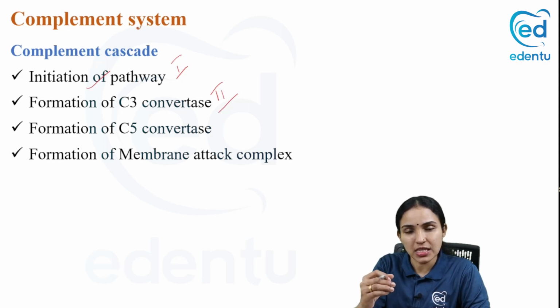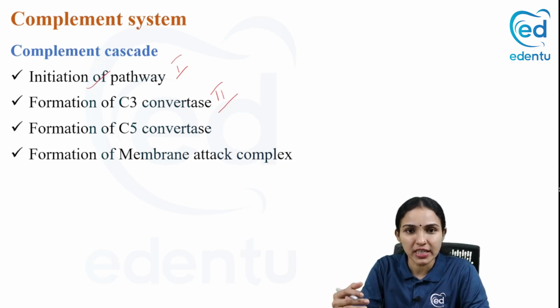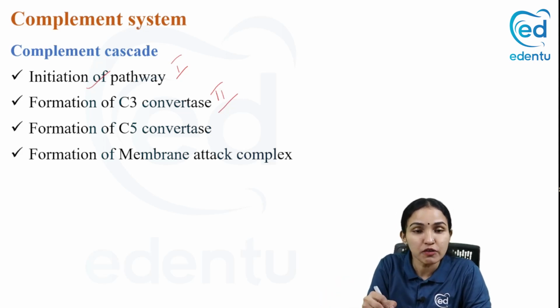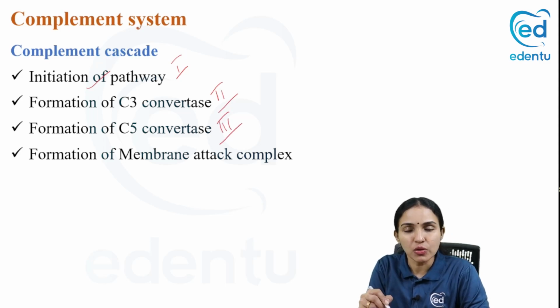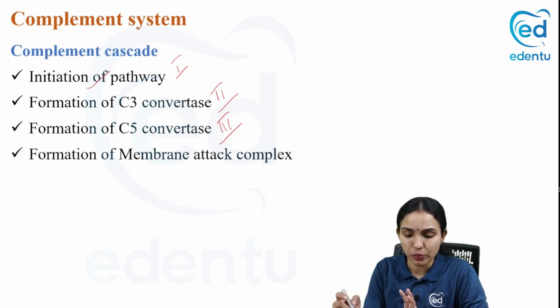After that, C3 convertase will activate C3, which will join the cascade and form C5 convertase. That is the third step, which is very important, and which in turn will activate C5. So C5 convertase is responsible for activating the C5 complement protein.